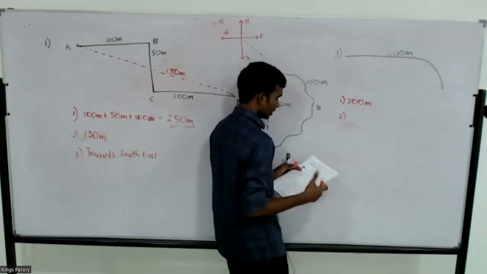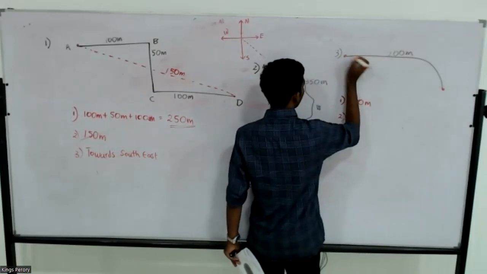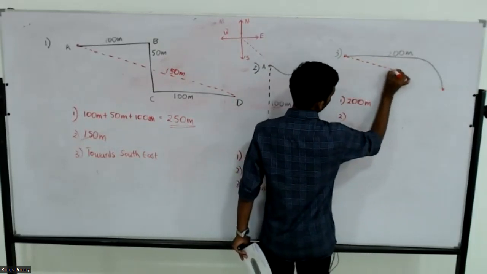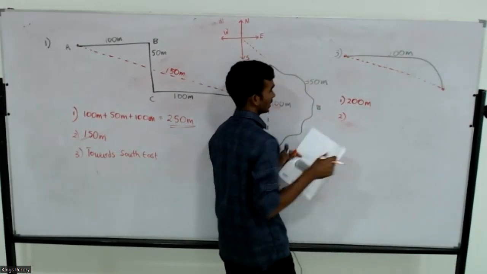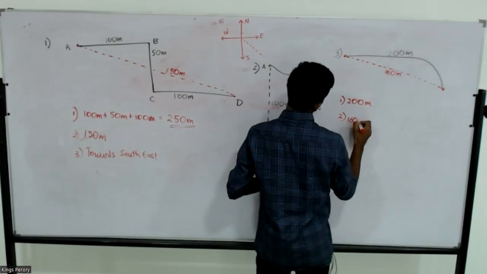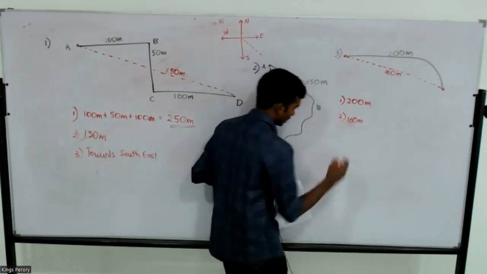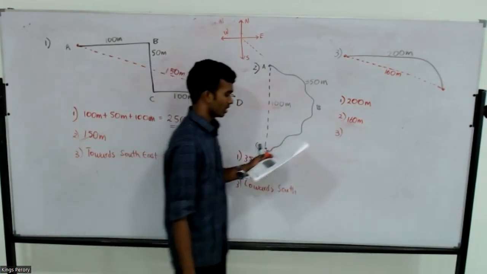Second question, what is the displacement? He started here, he has ended here. That means what is his displacement? 160 meters. Now third one, what's important?